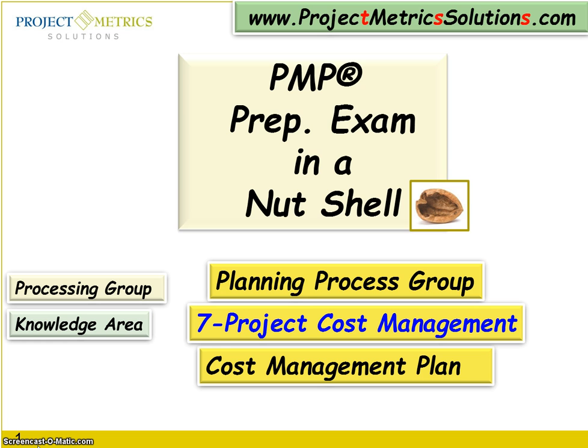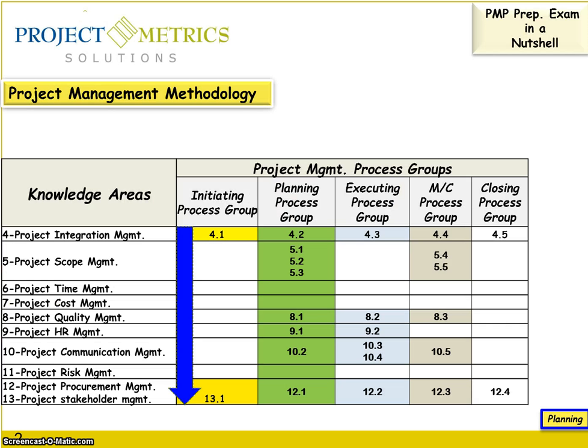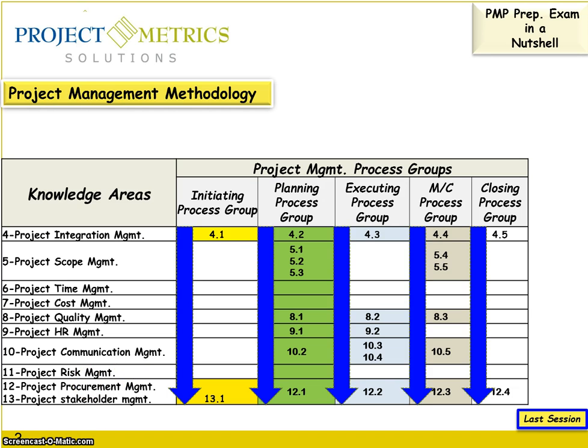In this session, we are on the planning process group, and the knowledge area is project cost management. We are going to get the cost management plan. Our methodology here: we go by the initiating process group, then we go by planning till we finish up to the closing process group.